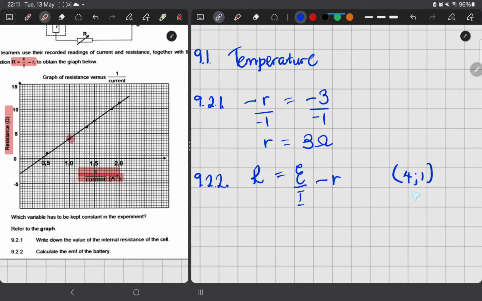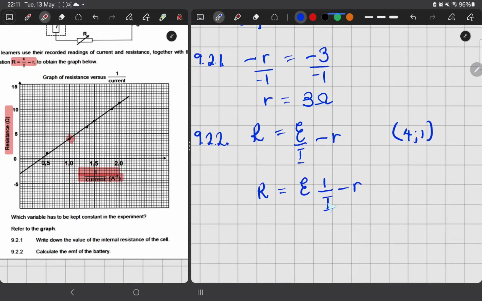Now since I'm using the points 4 and 1, I can substitute 4 as my resistance. EMF, I'm solving for it. And then 1 over I, okay, I think it's best if I write it like this, minus r. So in this way, I'll just take a point straight from the graph.